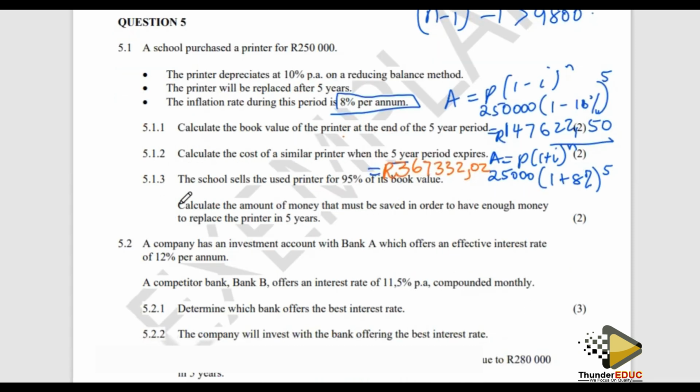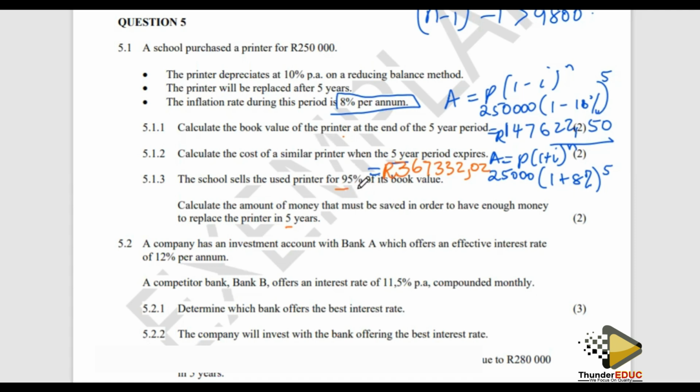Then 5.1.3, the school is going to sell the used printer for just 95% of its book value. Calculate the amount of money that must be saved in order to have enough to buy the printer. So what is the book value? It is this much. So we need to get 95%.